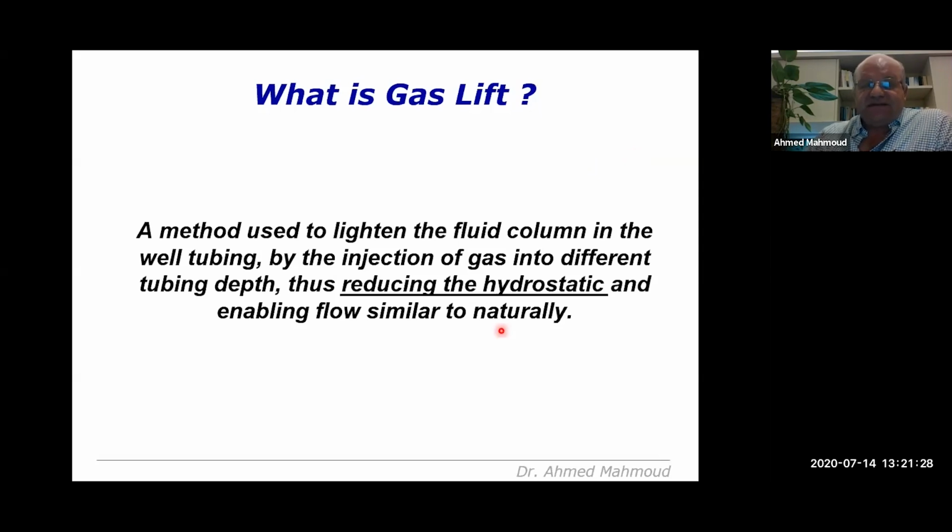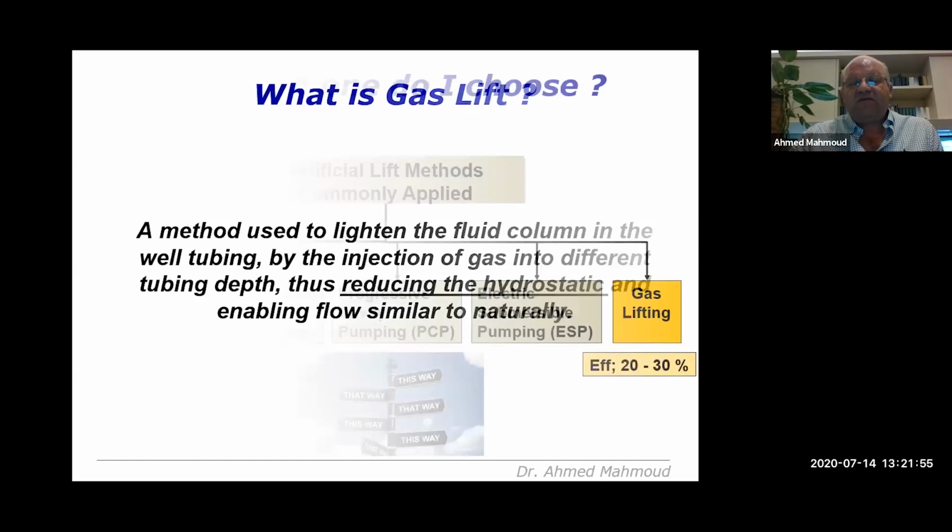Gas lift is defined as a method used to lighten the fluid column in the well tubing by injection of gas at different tubing depth, thus reducing the hydrostatic. This is the main aim. This is the meat I want to pass to you all today. Reducing the hydrostatic and enabling flow in a way which is mimicking or similar to natural flow.